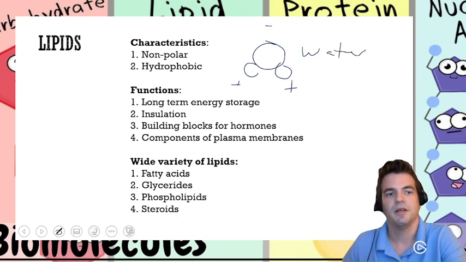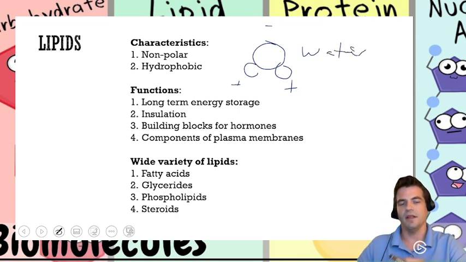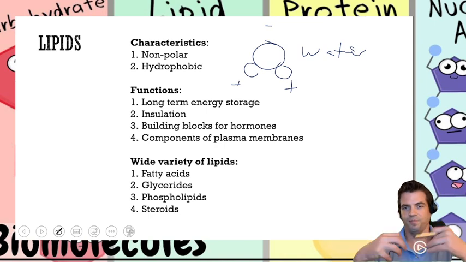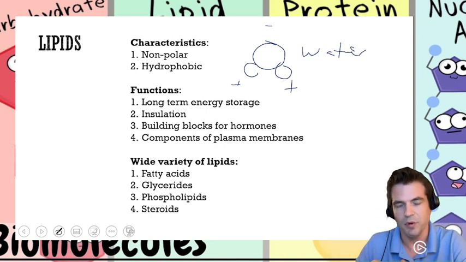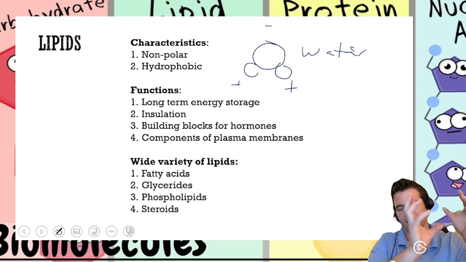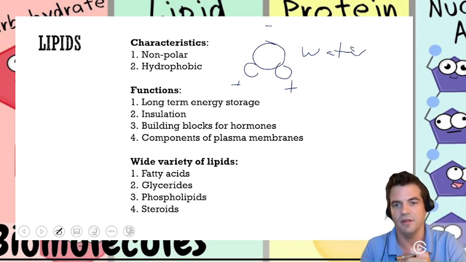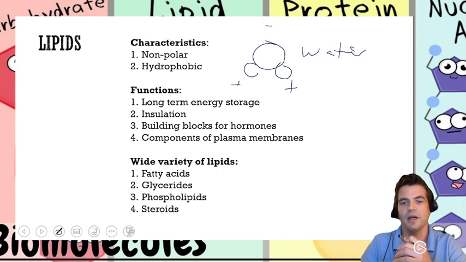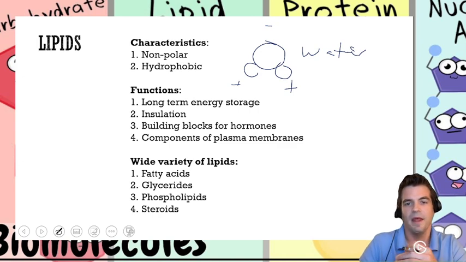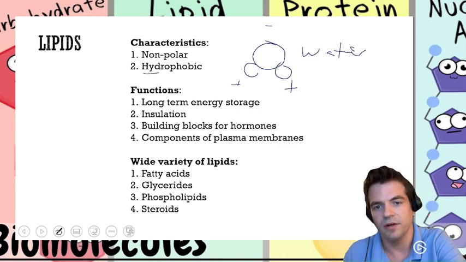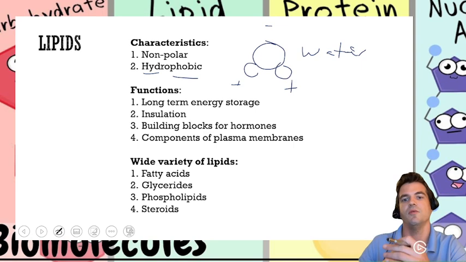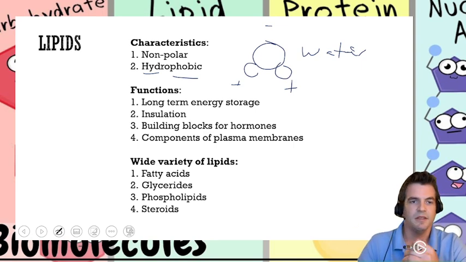So when this long chain comes into contact with the polar water, it wants to avoid it at all costs. And that is called hydrophobicity or hydrophobic. That literally means water hating. Hydro, water, phobic, hating, just like a phobia.